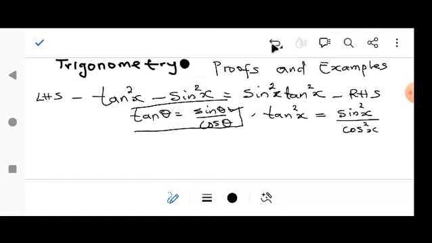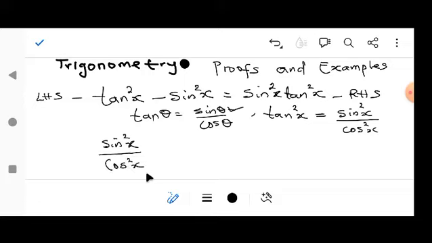Good. So if that's the case, we can take this to replace this part of the left hand side. So our left hand side will now look like sine square x upon cos square x minus, we have replaced this guy with the identity, then we have sine square x, right?